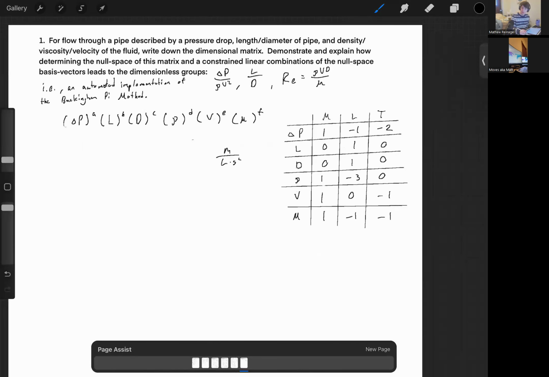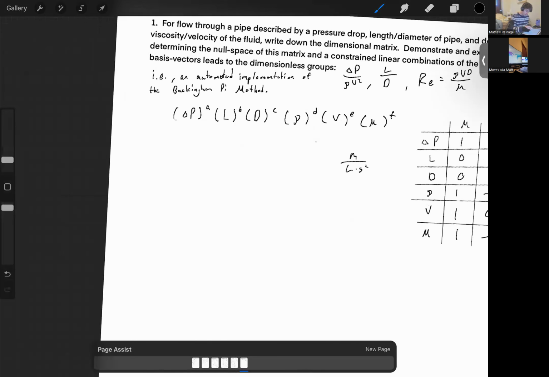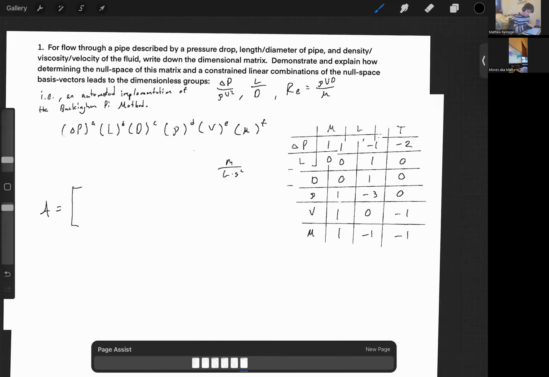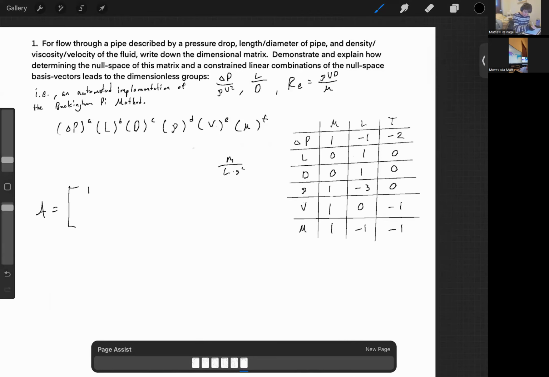So now what we're going to do is go ahead and make a quick matrix. I'm just going to make the matrix A in this case. And we're going to do it for the mass first, which we know this is 1, 0, 0, 1, 1. Did I do one of these wrong? Oh, I'm sorry.